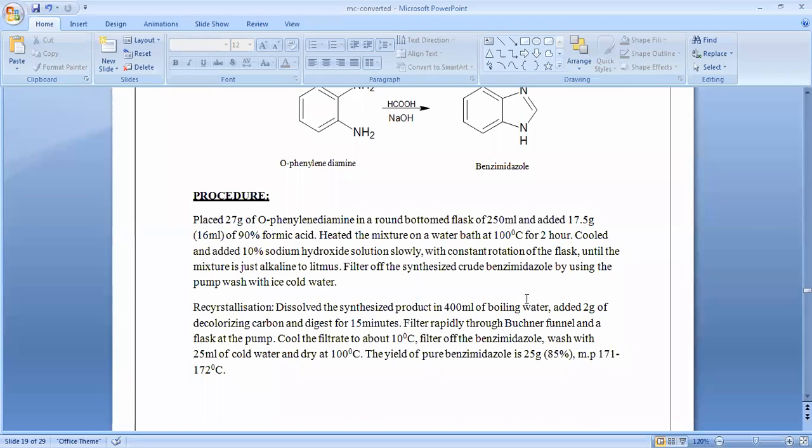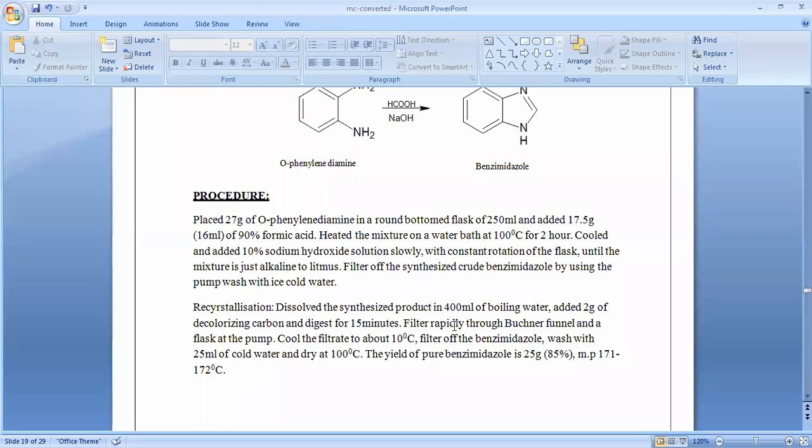In that boiling water we add 2 grams of decolorizing carbon, that is charcoal, and keep it aside for 15 minutes. After 15 minutes, the impurities in the crude benzimidazole are adsorbed on the charcoal.